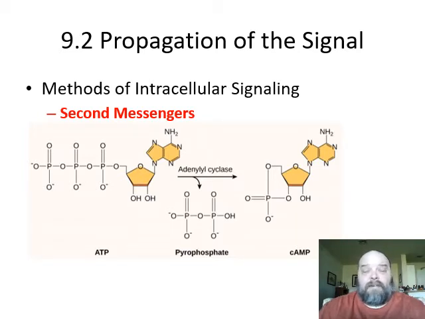It ends in -ase, so it's an enzyme. Adenylyl cyclase takes ATP and makes a cyclic ring, as you see right here. A cyclic ring comes off of the sugar, back around through the phosphate, and the phosphate reattaches to the sugar.